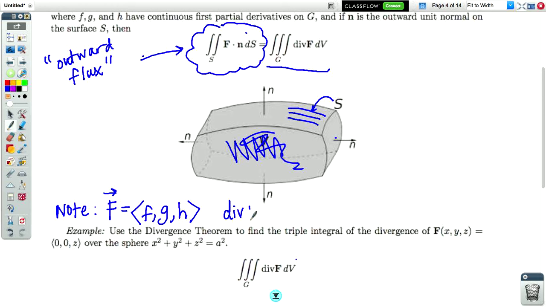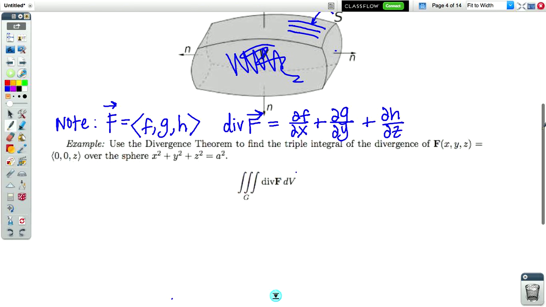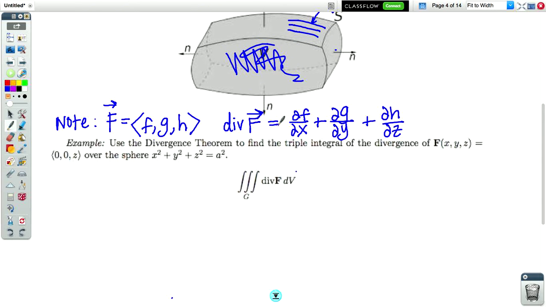Then we say the divergence of F is just the three partials added together: the first component with respect to x, plus the second component with respect to y, plus the third component with respect to z. This is going to give us either some function, or if we evaluate it at a point, a number. Really, it's just one singular expression in three variables, and that's going to go here, and we're going to evaluate that over a triple integral.